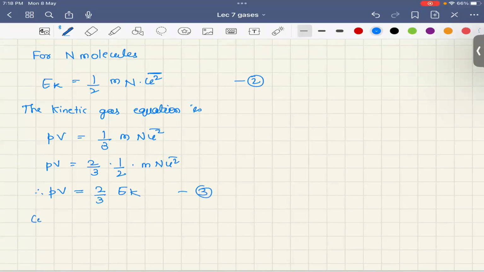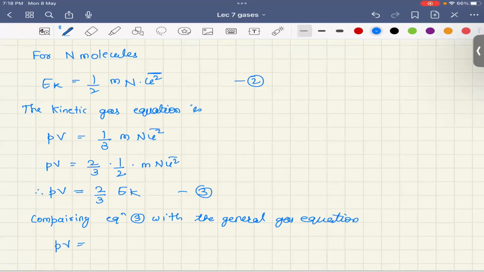Comparing equation 3 with the general gas equation, we get PV is equal to RT for 1 mole of gas.